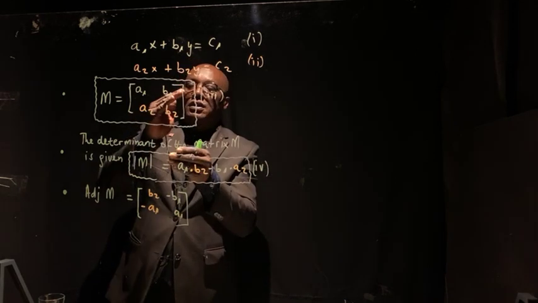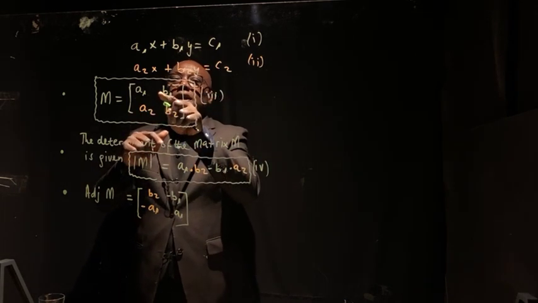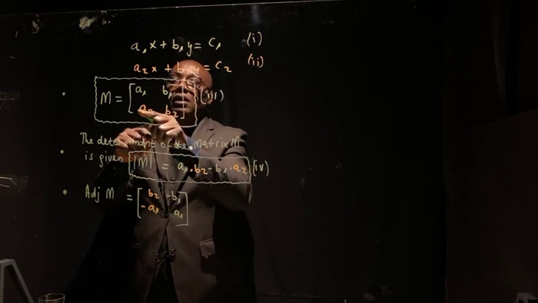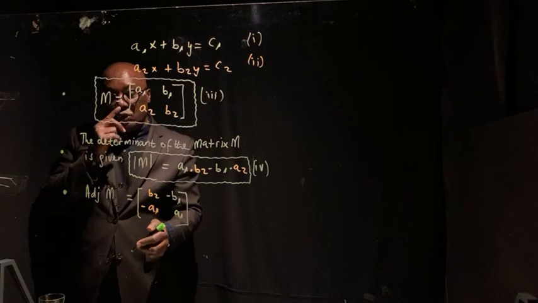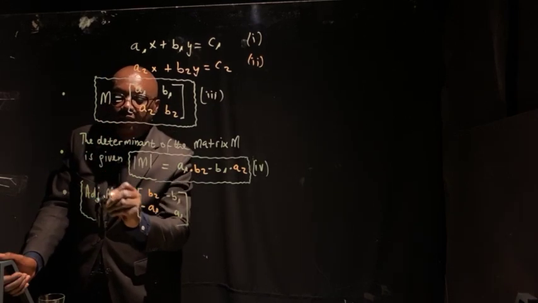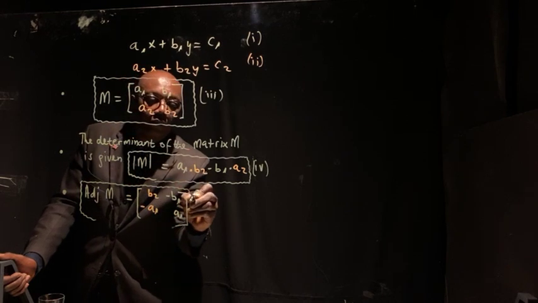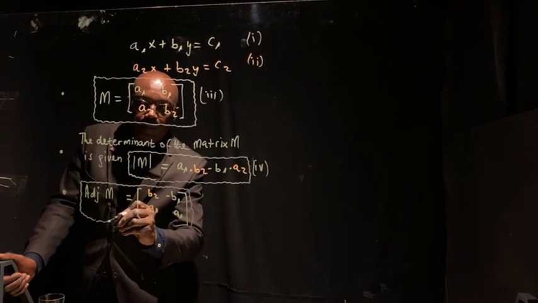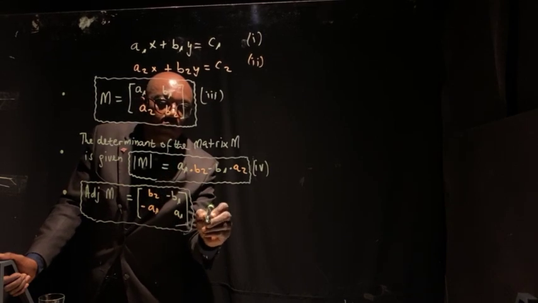As soon as you swap it, immediately you negate B1 and A2, as I've done here. So this one is called the adjugate of the matrix M. And I'll call it equation 5.